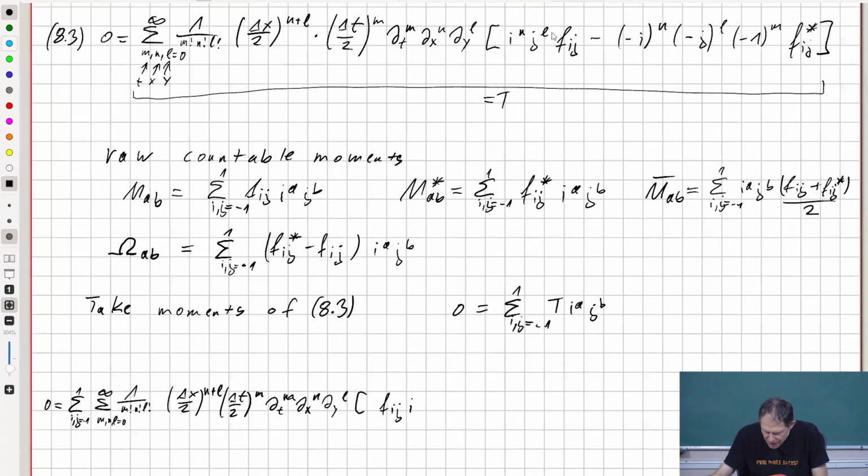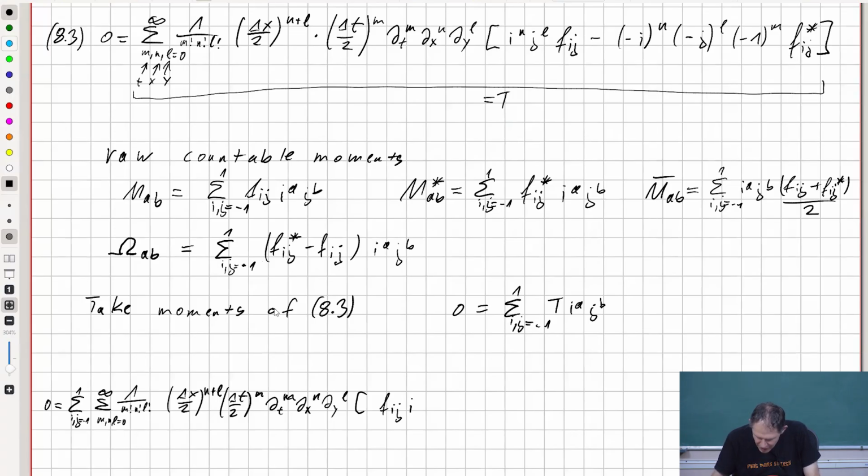So i to what power? We have seen in this equation up here that we have to count up i with the counter n. But in addition to this, we also have the moments.